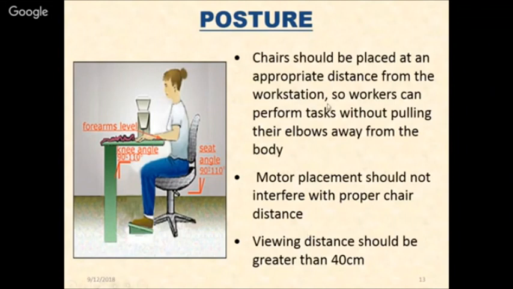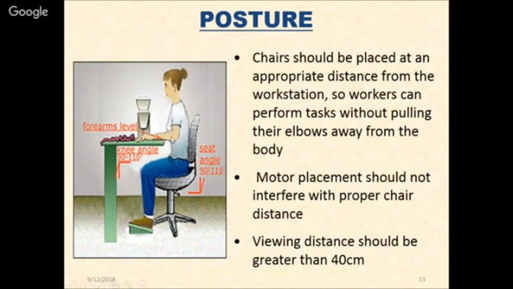So they found that chairs should be placed at an appropriate distance from the workstation, so workers can perform tasks without pulling their elbows away from the body. This is the most comfortable position, where you are keeping your elbow just at the level of the table where you are working. But when they were using the stools, this height was varying for different workers.